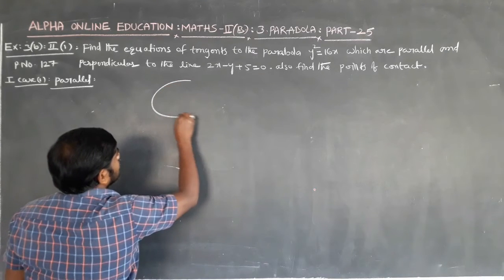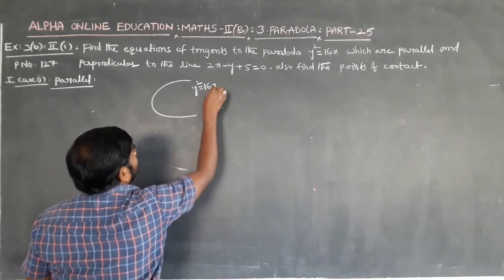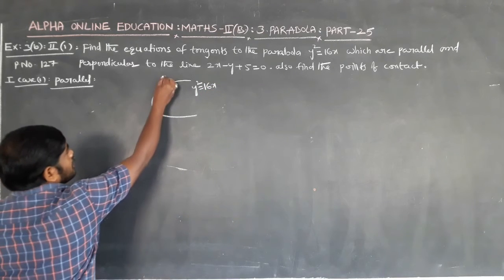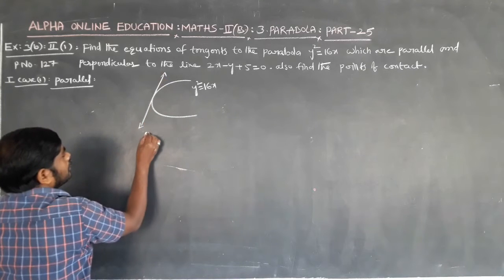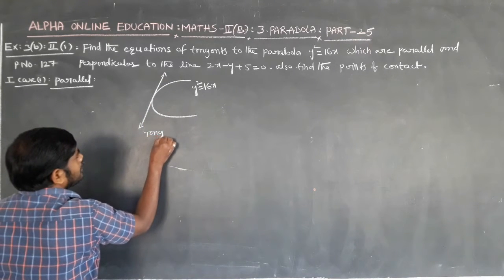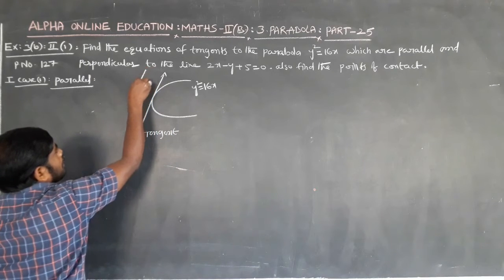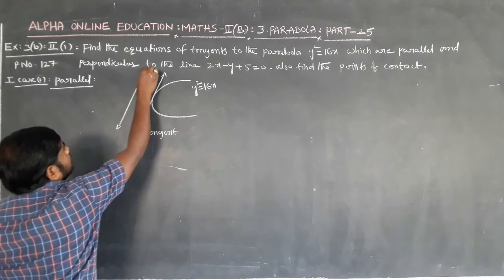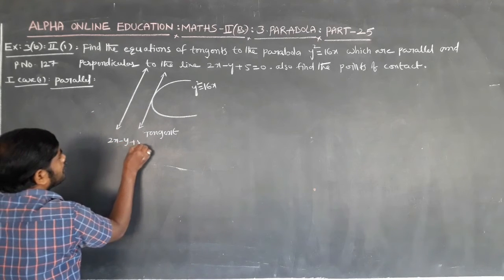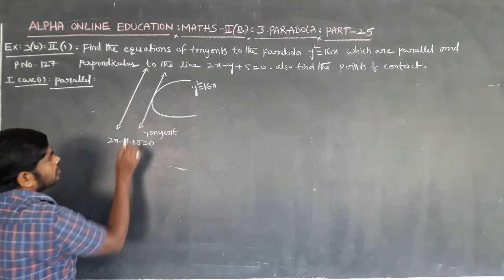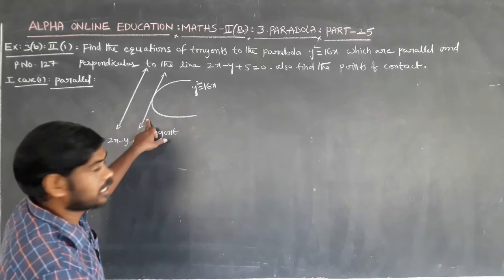This is the given equation of the parabola, y square is equal to 16x.